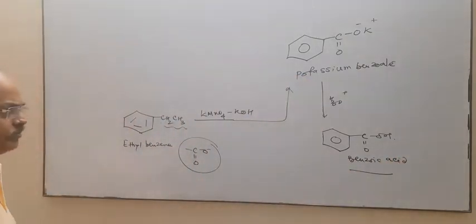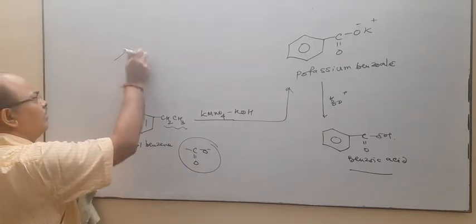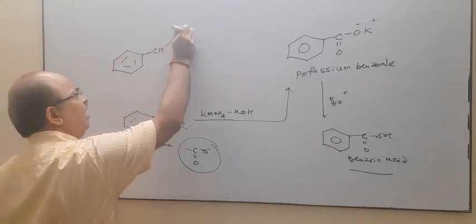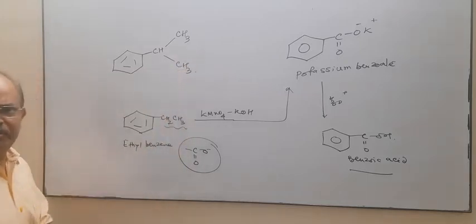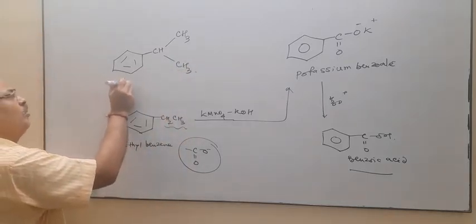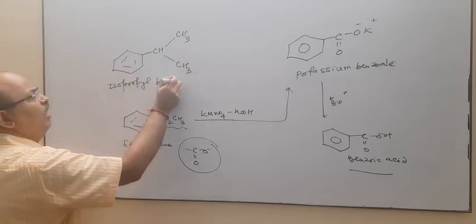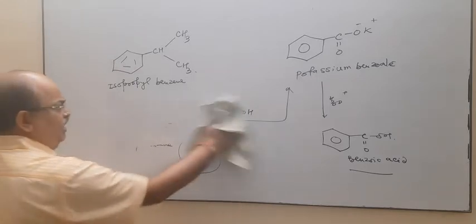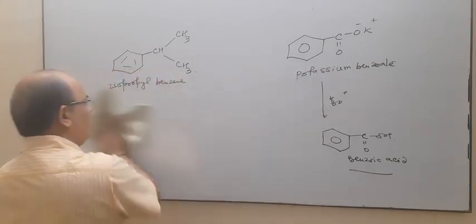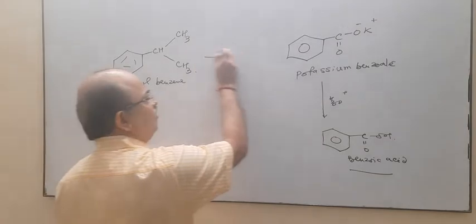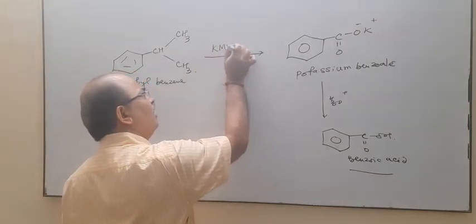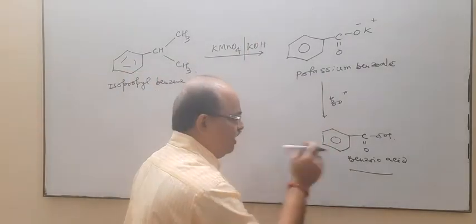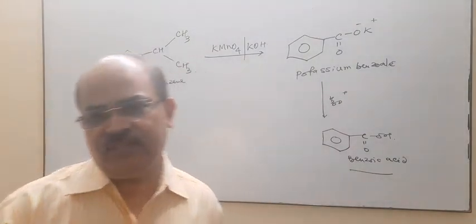Let us suppose we use a secondary alkyl group, it is cumene, that is also called isopropyl benzene. Now if we have this isopropyl benzene, on oxidation with alkaline KMnO4, it will give potassium benzoate, which on acidification will give benzoic acid.